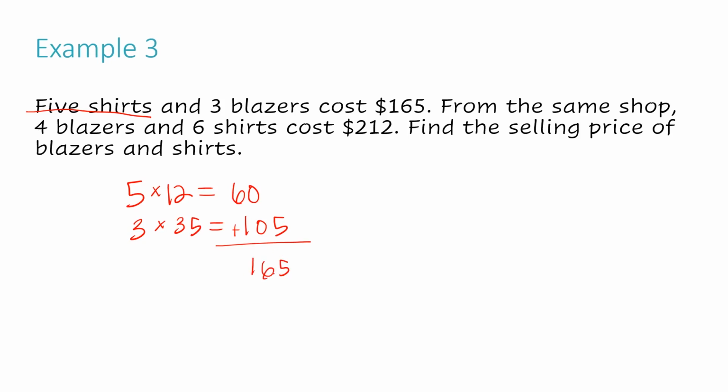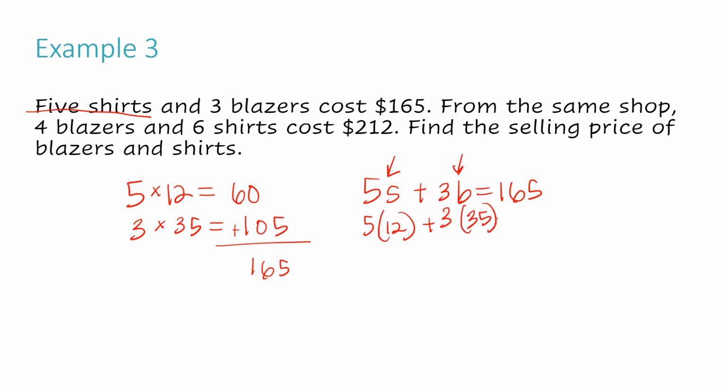And that was our first equation. We had the equation 5s plus 3b equals 165, okay? Makes sense. 5 shirts sold at $12 each plus 3 blazers sold at $35 each equals $165, okay? This is a sensible real world scenario, okay?